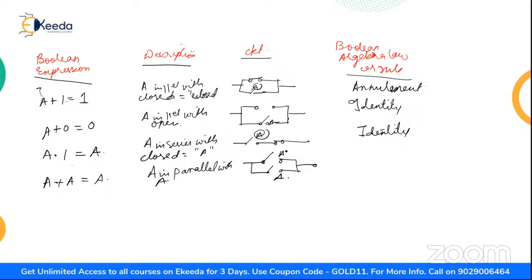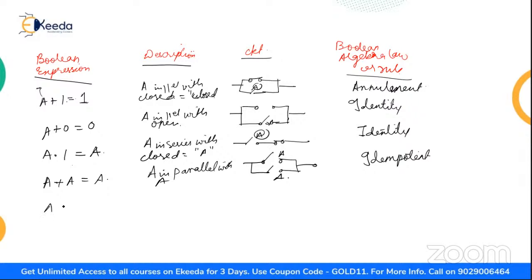So if both are 0, suppose open means 0, you'll get 0. If both are closed, you'll get 1. So whatever is the position of A, you'll get A. This is called the idempotent law.